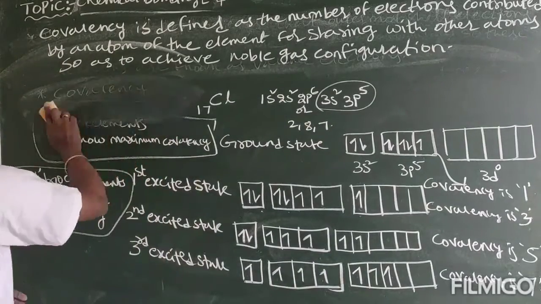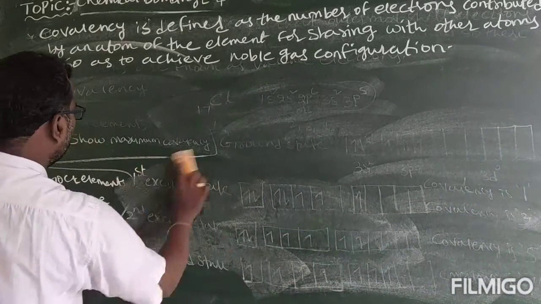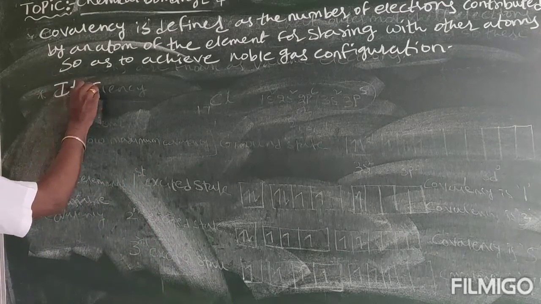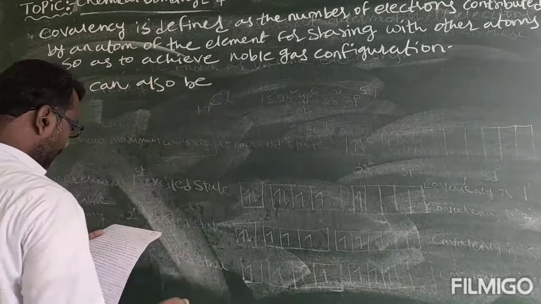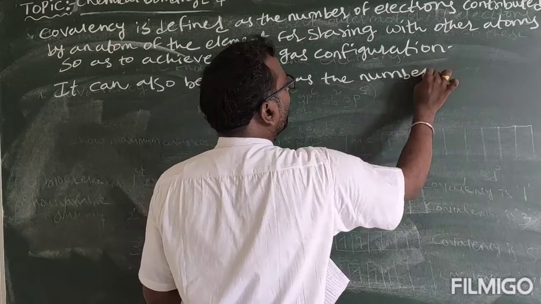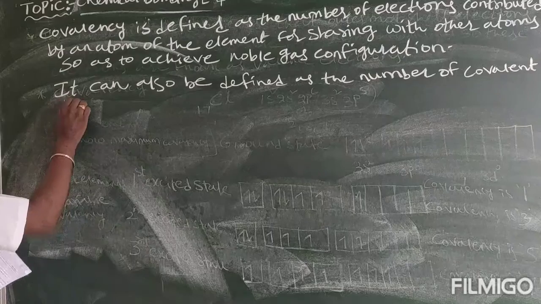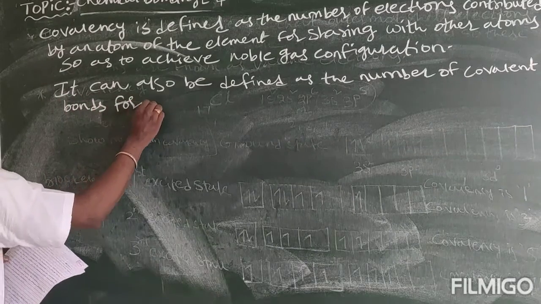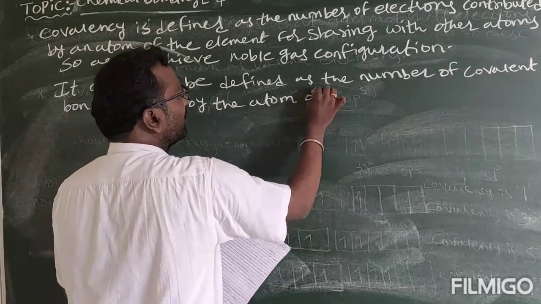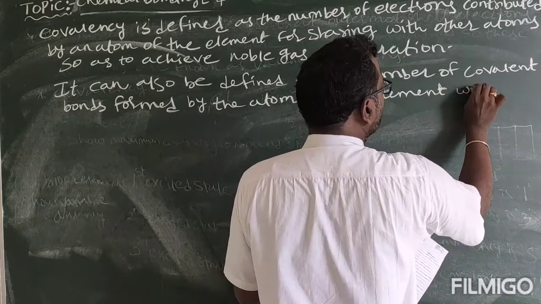Okay, and what I am saying, it can also be defined as the number of covalent bonds formed by the atom of the element with other atoms.